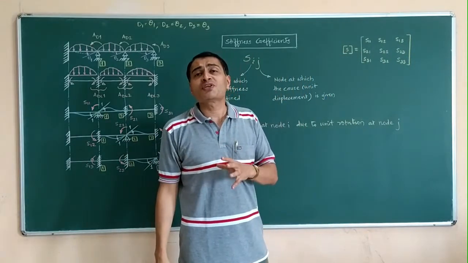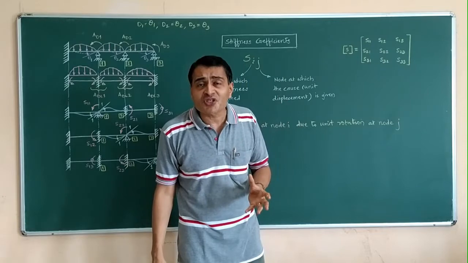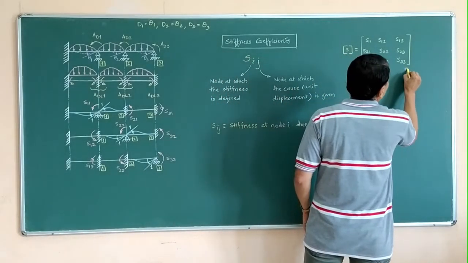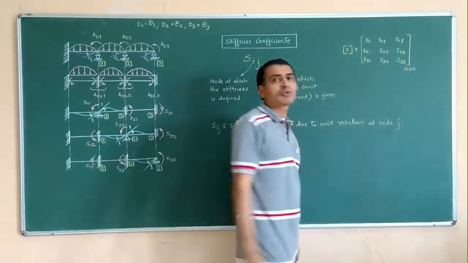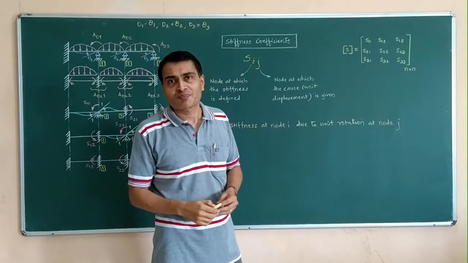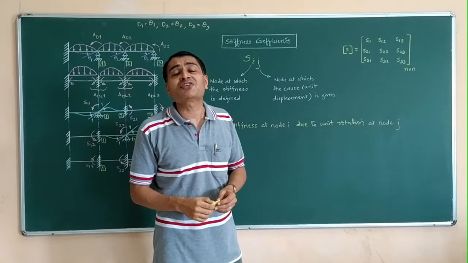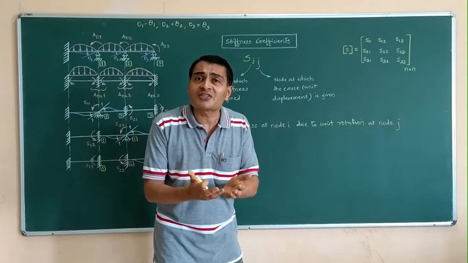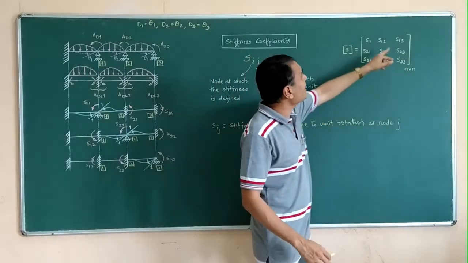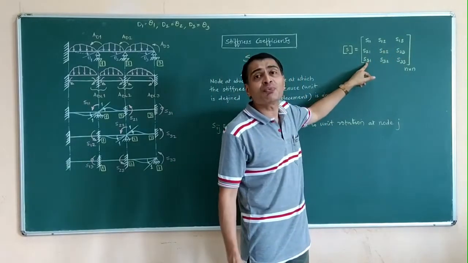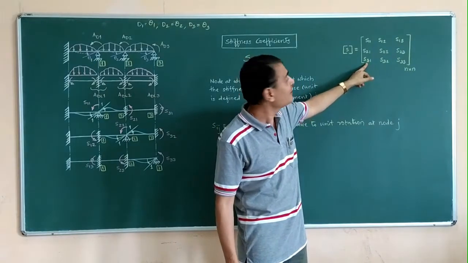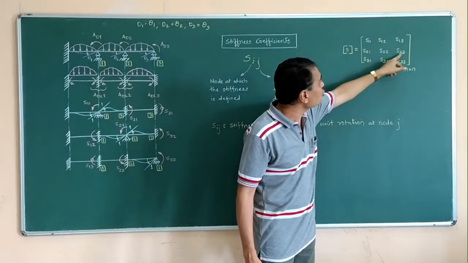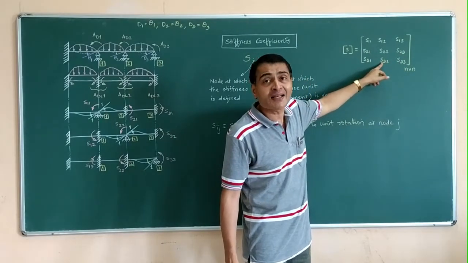Certain properties of this stiffness coefficients matrix. First of all, it's a square matrix, that is you will always get n by n order of the matrix. Secondly, the matrix is going to be a symmetric matrix. As we solve the numerical examples, you will come to know that S13 and S31 are identical, S12 and S21 are identical, S23 and S32 are identical.